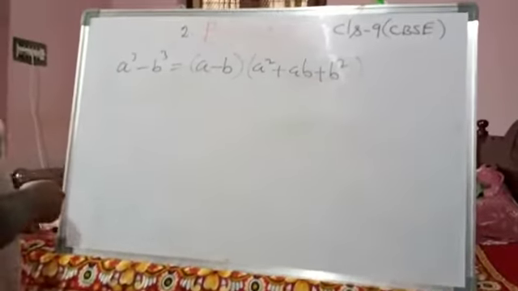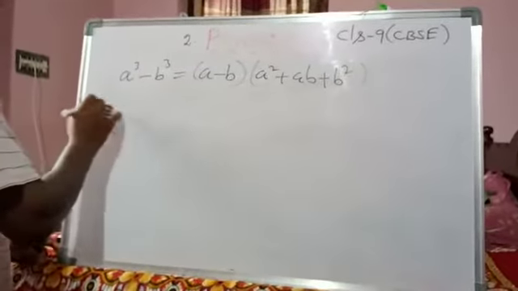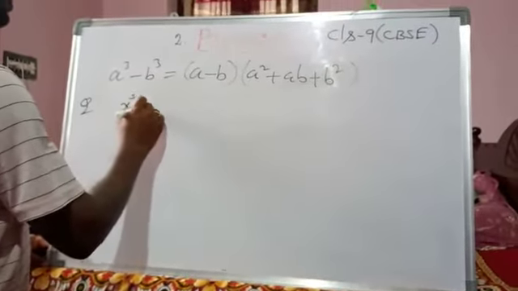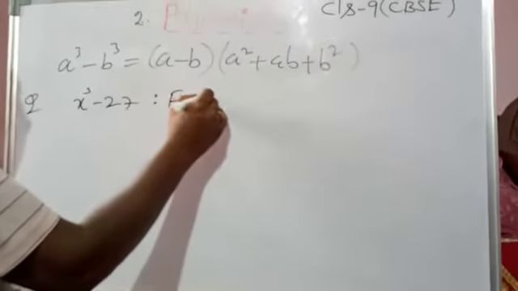By following this identity, some questions are there. For example, one question is x cube minus 27. The question is to factorize it.